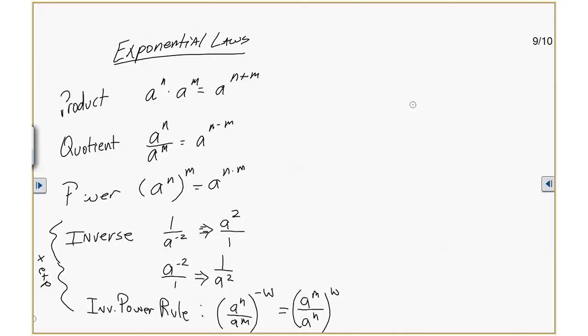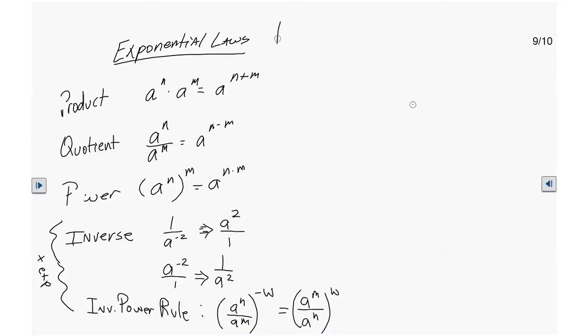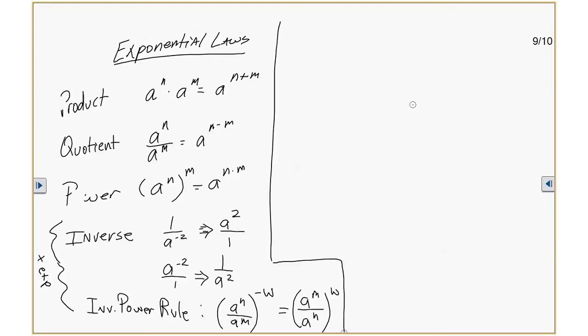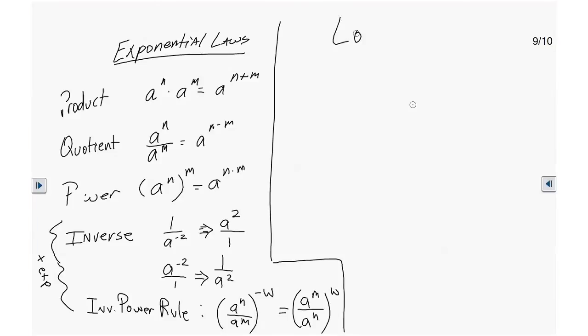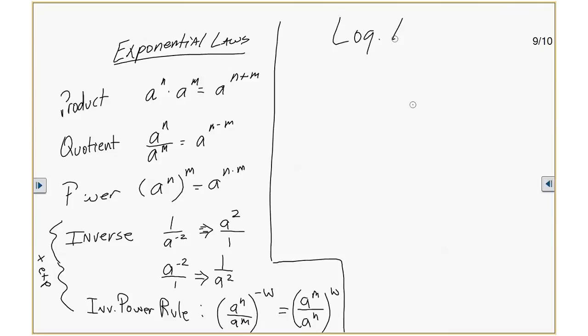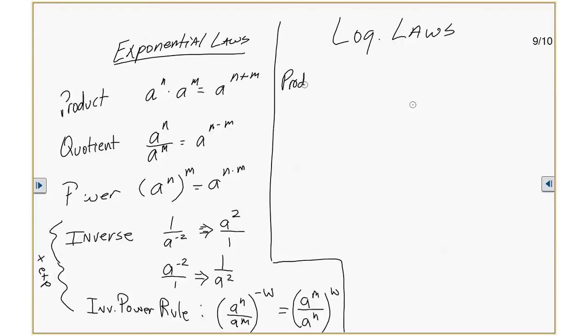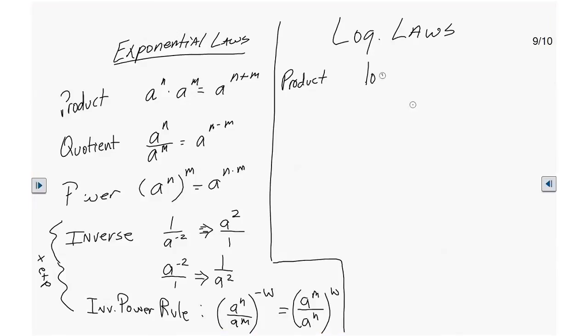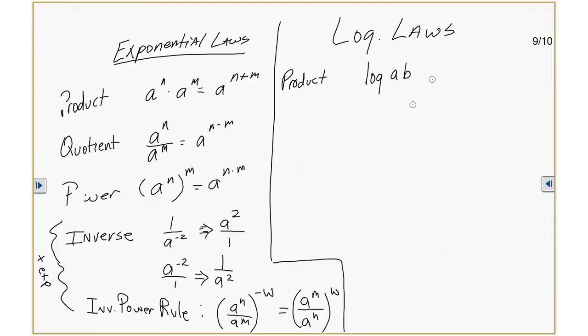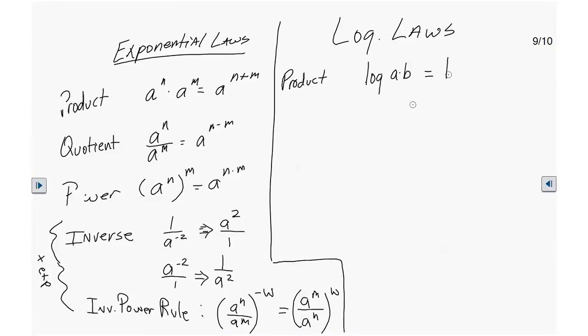All right, so exponential laws give you the logarithmic laws, which say the product rule, log base 10 of a times b is equal to log of a plus the log of b.